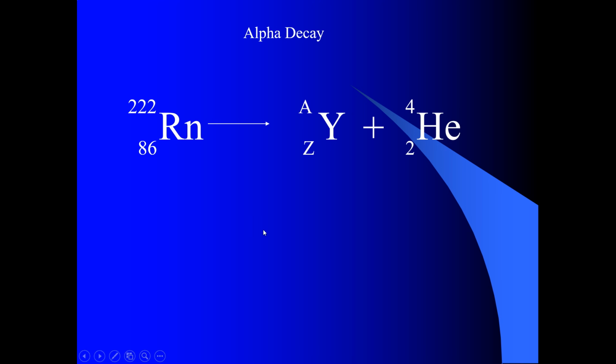So what happened with the radon? Again, we say that radon is also not a stable nucleus, so radon can further go through alpha decay.